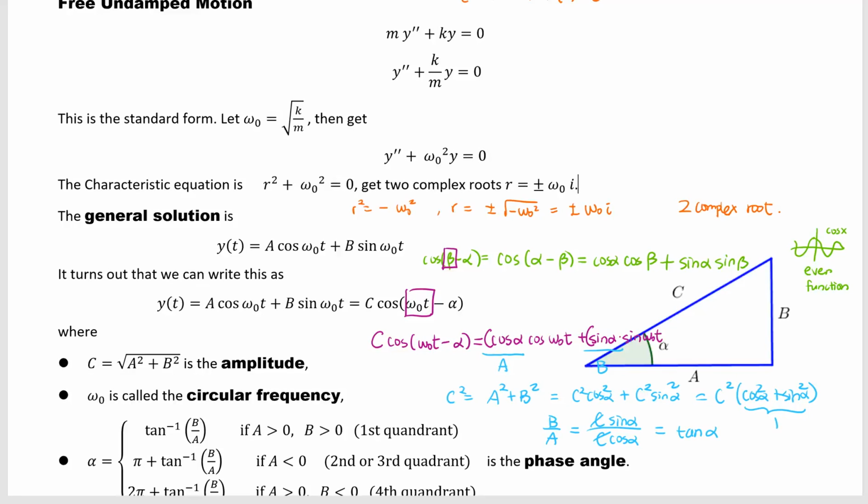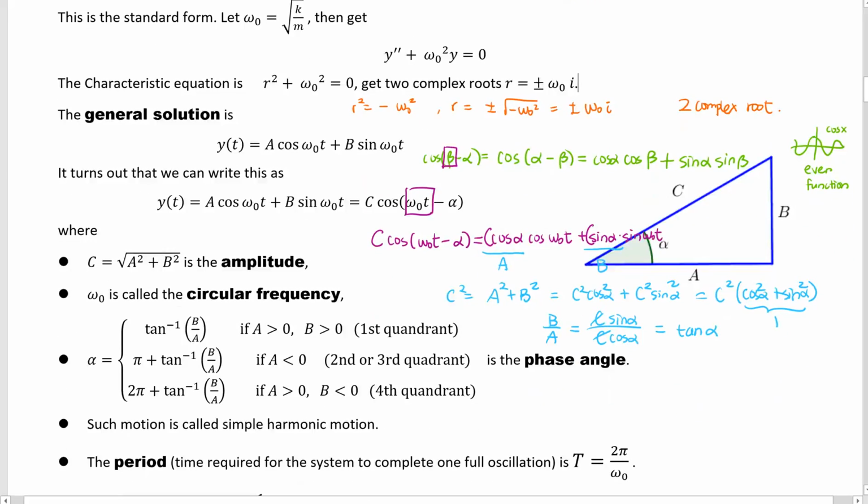So alpha is arctangent of B over A, but you have to be careful, because the range of arctangent only covers minus pi over 2 to pi over 2, but your point can be in any of the 4 quadrants of the xy plane.